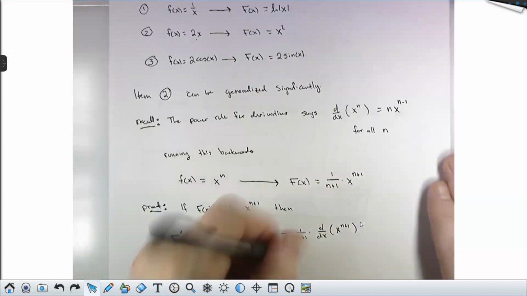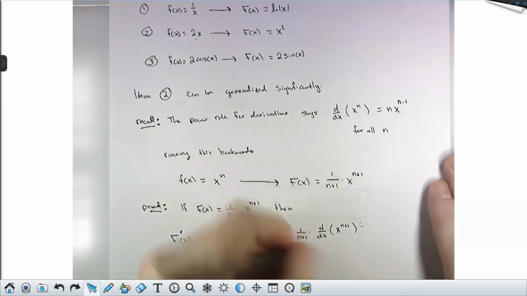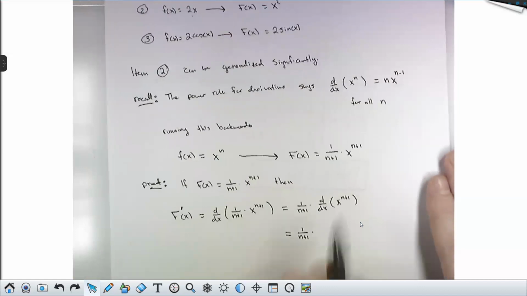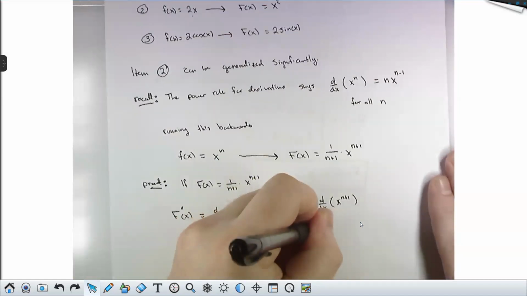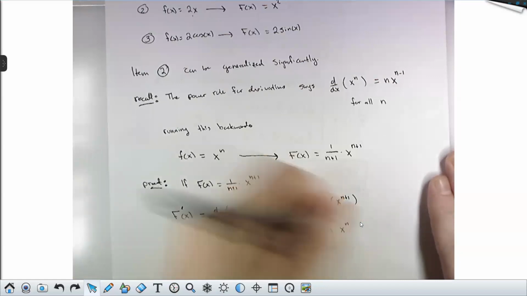But what is d dx of x to the n plus 1? By the regular power rule for derivatives, I'm going to reduce this power by 1 and pull the old power down. This 1 over n plus 1 is just coming along for the ride. It's a constant multiple. And then the derivative of x to the n plus 1 is n plus 1 times x to the n.